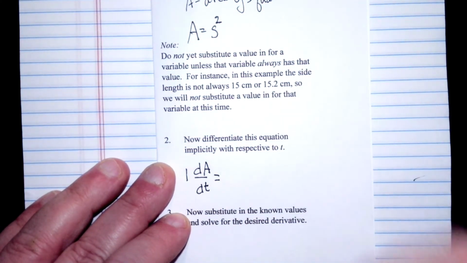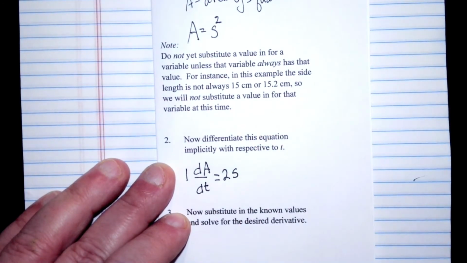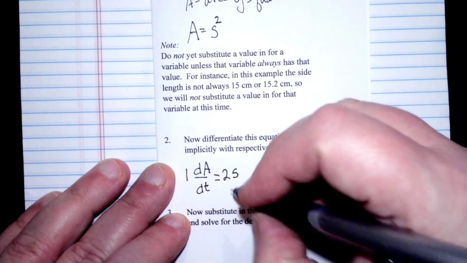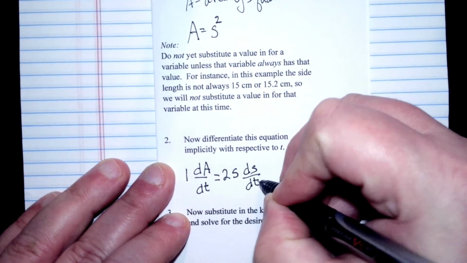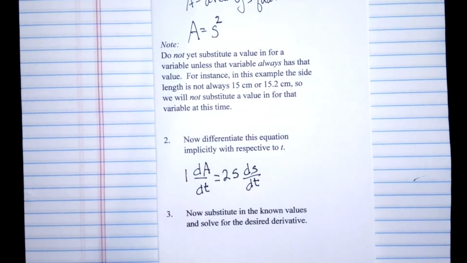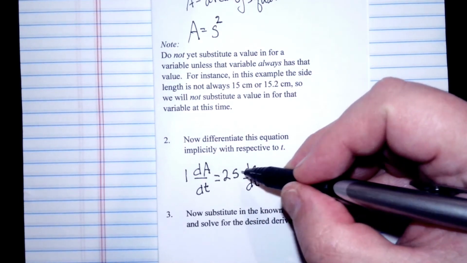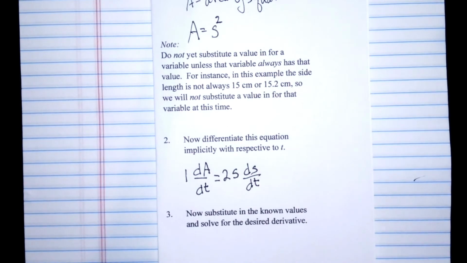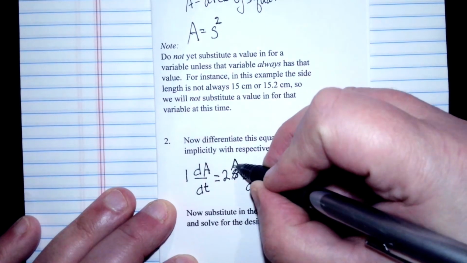And then S squared, well, the derivative with respect to S is 2S, but we're trying to differentiate with respect to t, so we need to multiply by dS/dt. Alright, so we need to go back over and find dS/dt and S. My S looks a lot like a 5, so I think I'll use a cursive S.